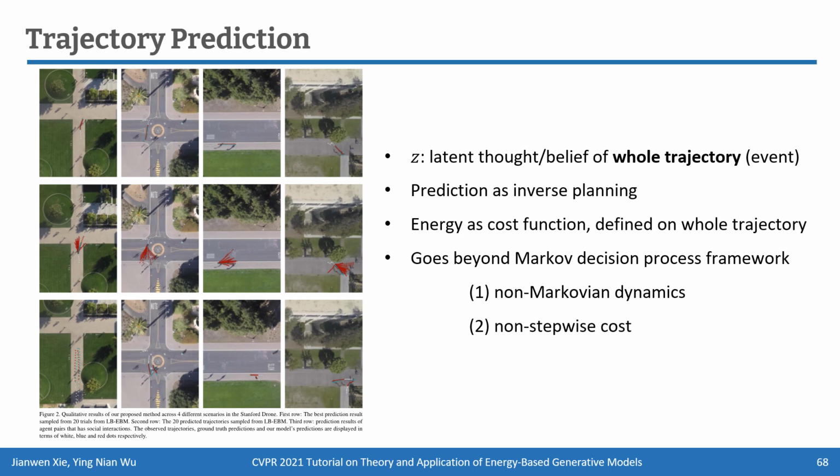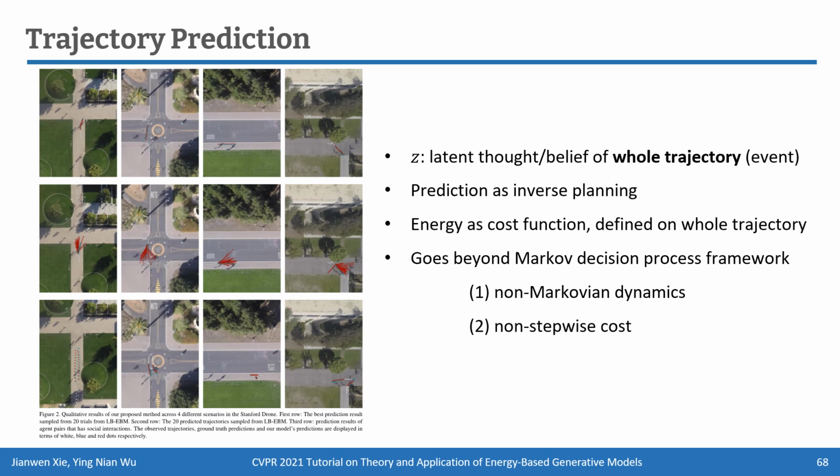Another important application is trajectory prediction. Suppose we want to predict the trajectories of multiple pedestrians. And here again, we can use a latent Z as a thought vector or a belief vector for the whole trajectory.